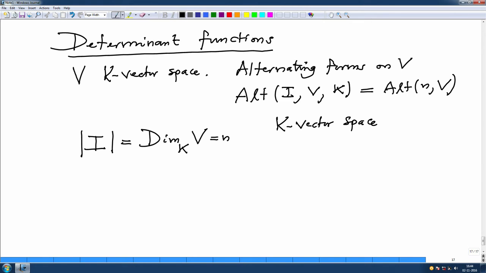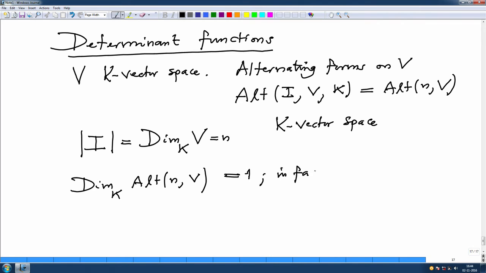And what I want to prove is that the dimension of this vector space is 1. It is a one dimensional vector space. This is what we will prove. In fact, more generally we can prove this.